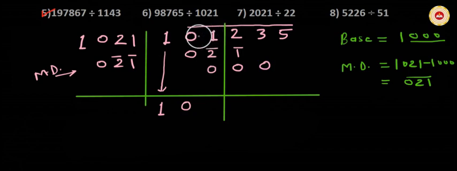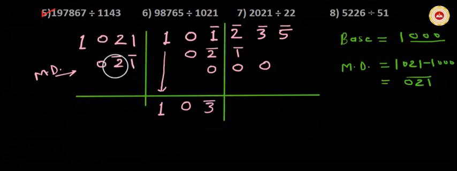See friends, 0, 1, 2, 3 and 5 are negative digits in dividend. Okay, don't get confused. Let me erase this, and now it's okay. So minus 1 plus minus 2 plus 0, that is minus 3. Now this minus 3 is recent quotient digit.